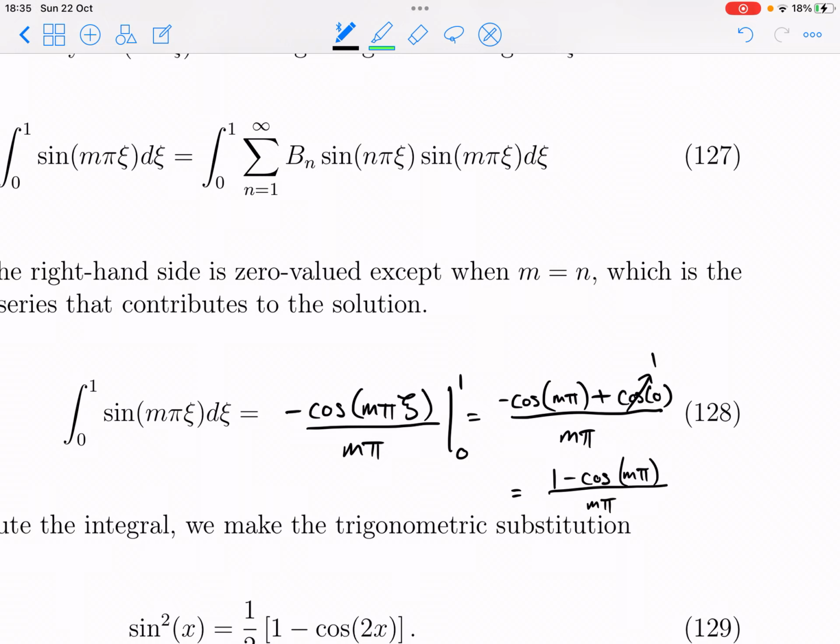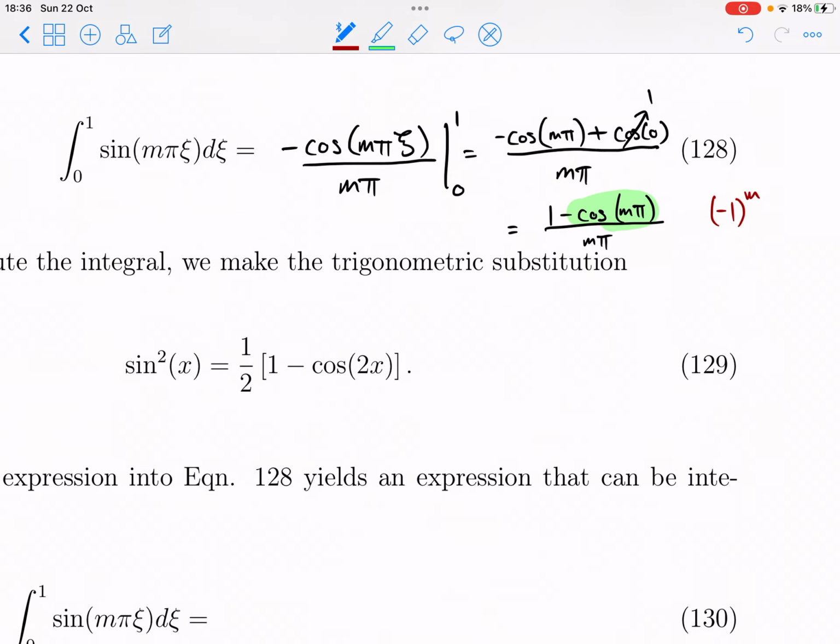We could substitute for this cosine of m pi, recognizing the fact that m is only going to be an integer from 1 to infinity, and it's going to be switching signs. So we could write that as negative 1 to the m power, and it's kind of a slick way of slightly simplifying the expression, but not essential. Whatever floats your boat, it's all correct.